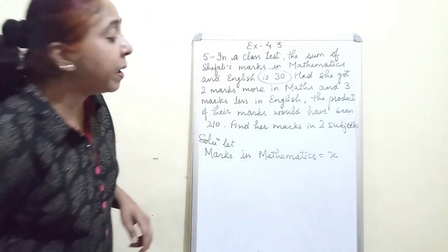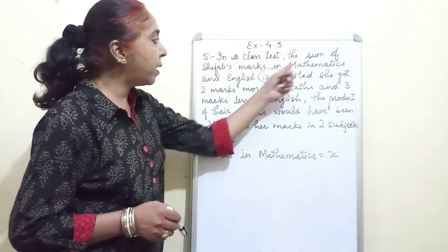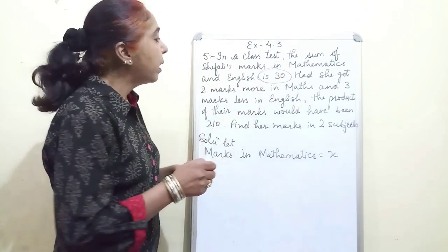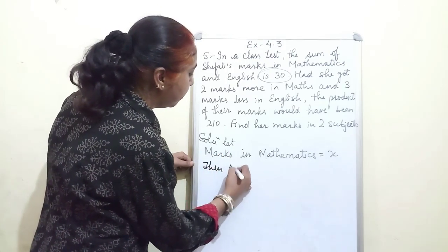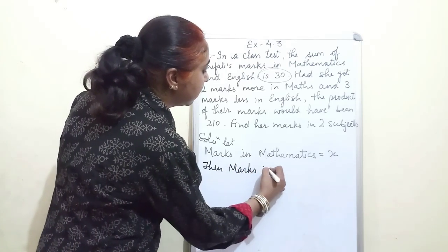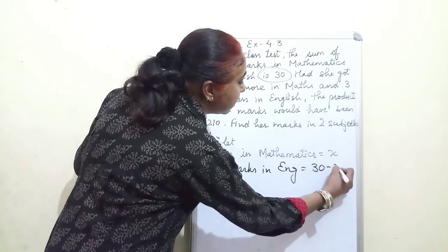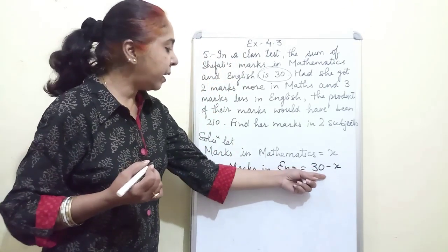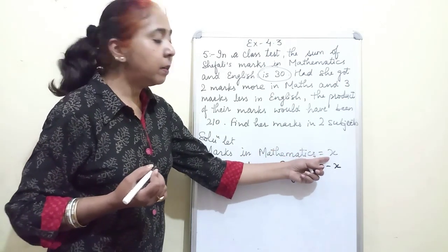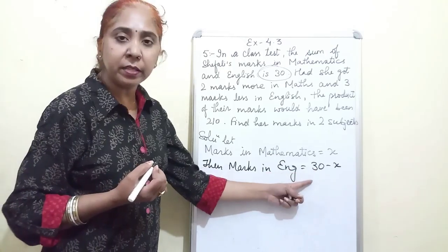And if marks in mathematics is x and the sum of maths and English marks is 30, then marks in English is 30 minus x. Okay, so marks in English are 30 minus x.